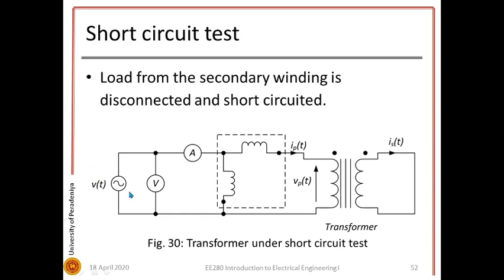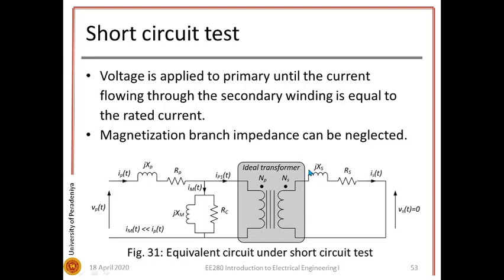Again, we apply a voltage by means of a source to the primary winding, and we connect a voltmeter, ammeter and wattmeter to measure the applied voltage, the current flowing through the primary winding, and the power consumed by the transformer. One thing we have to be careful about is that we are short circuiting the transformer, so we have to make sure that the current rating is not exceeded in the testing condition.